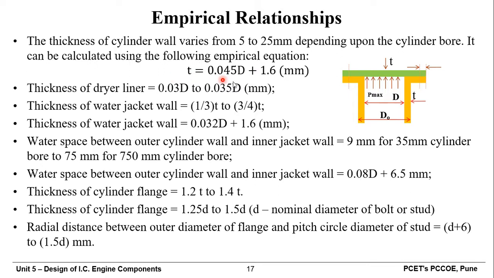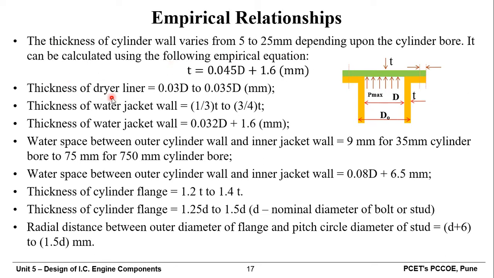This empirical relation can also be used if you are not in a position to calculate T using the formulas discussed in previous slides. And generally the cylinder wall thickness varies between 5 to 25 mm, and this formula you can use.